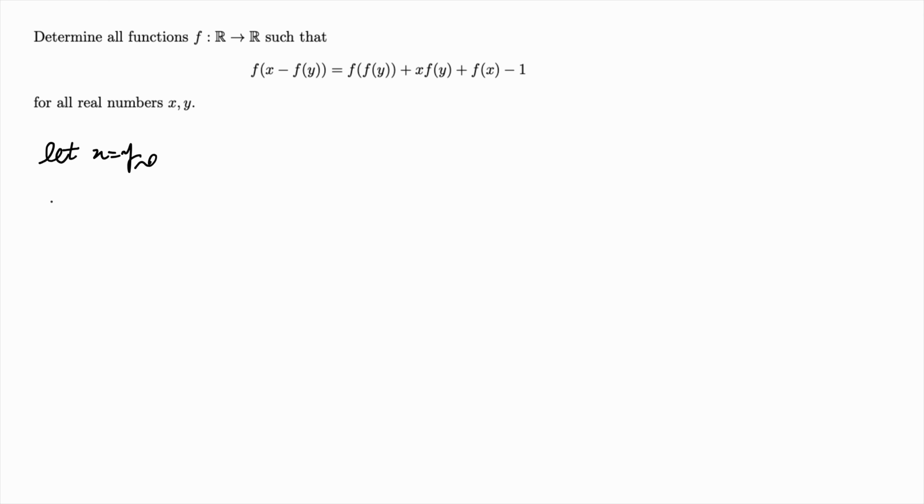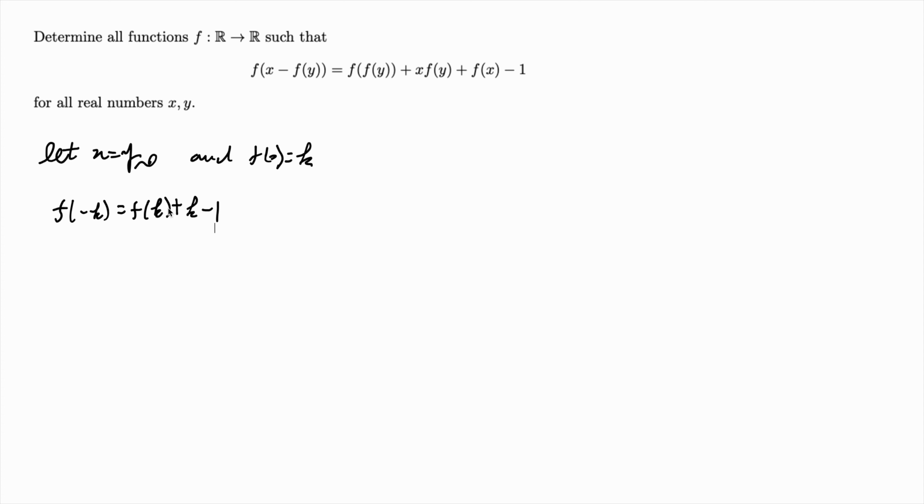Now notice that if you just write it like this, it will be way too messy. So let's say f of 0 equals k. So we have f of 0 minus k, which is negative k, equals f of k plus 0 plus k minus 1. That's what we know so far.